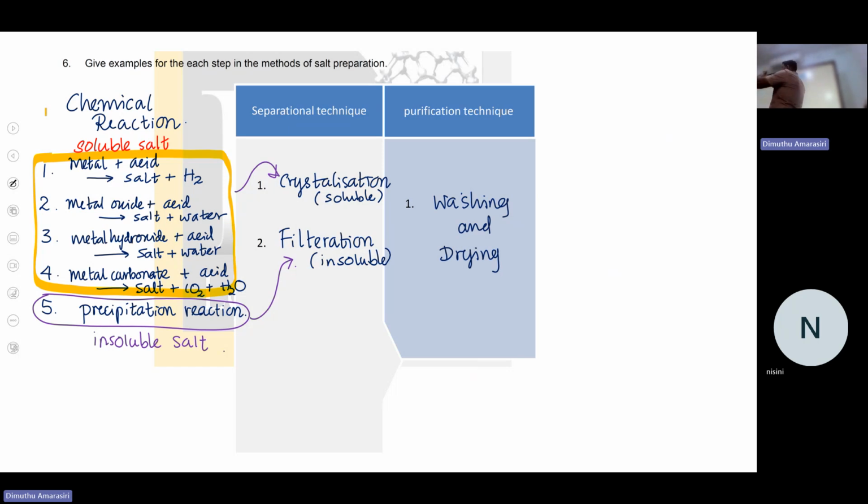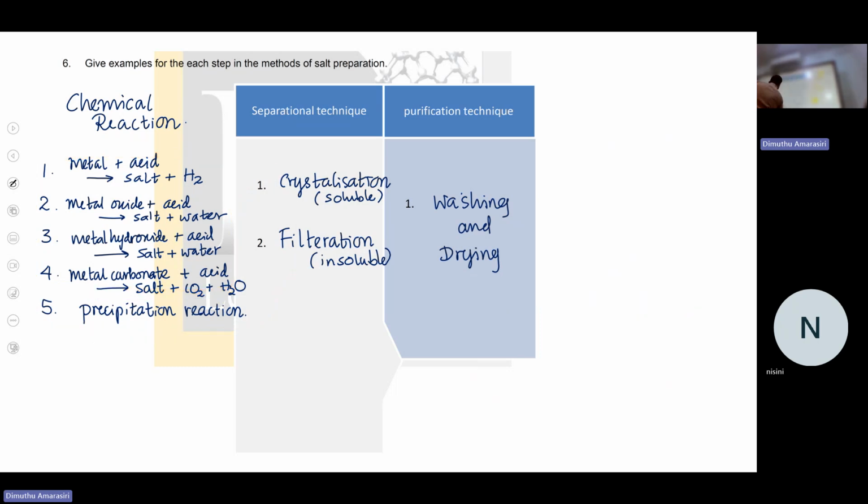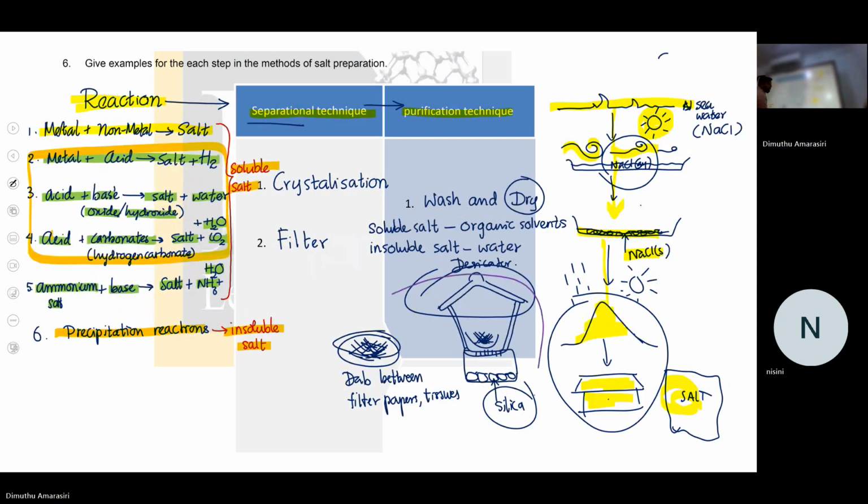Drying: you can tap them between filter papers or tissue, or you have an apparatus called a desiccator. Right? At the bottom part, you have something called silica. And you keep your crystals over here, close it with the lid. Silica will absorb moisture and dry the crystals. Is that clear?